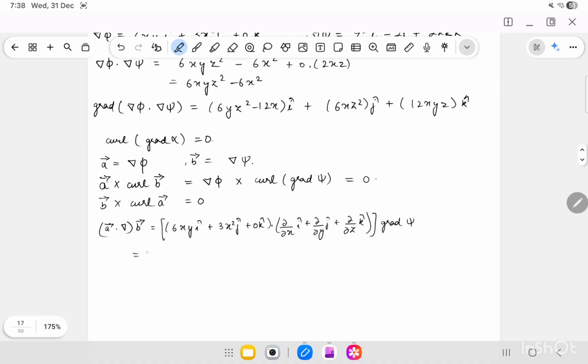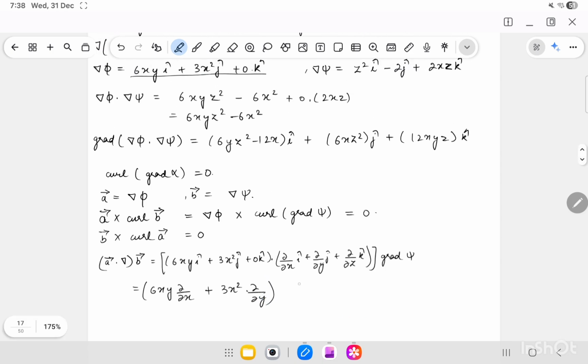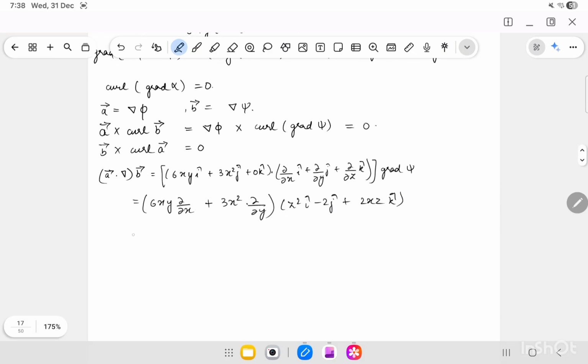So it will be equal to 6xy del by del x plus 3x square del by del y times grad psi, which is z square I cap minus 2j cap plus 2xz k cap. If I evaluate it, it will be equal to 6xy times 2z k cap plus 3x square times 0, that is 12xyz k cap.